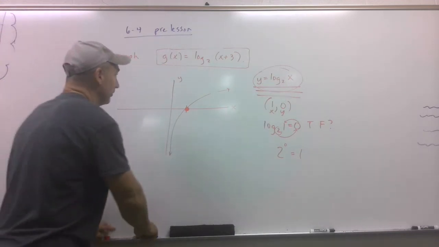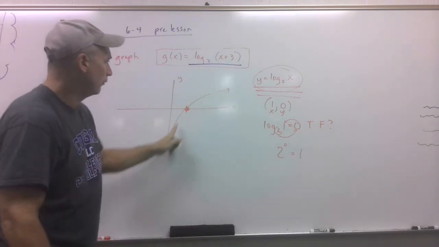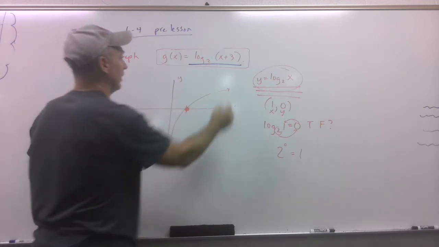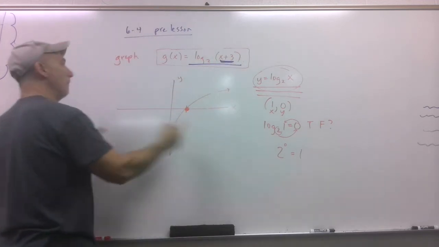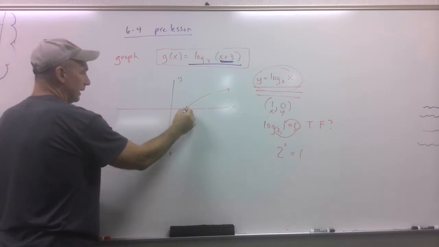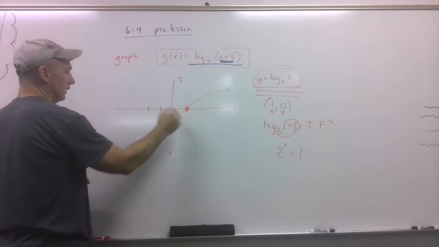So the problem is asking, graph this. Well, I think the hard part's over, just knowing what the parent function looks like. But now this is just saying, hey, take that thing, bump it 3 units left. So I'm going to take this point, and I'm going to go 3 left. 1, 2, 3.